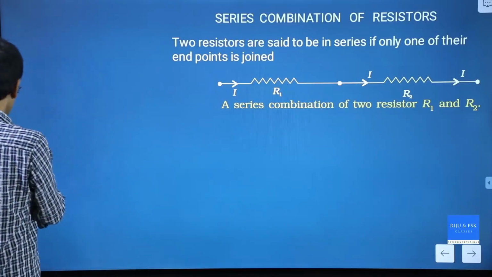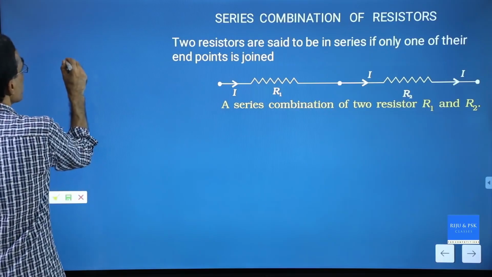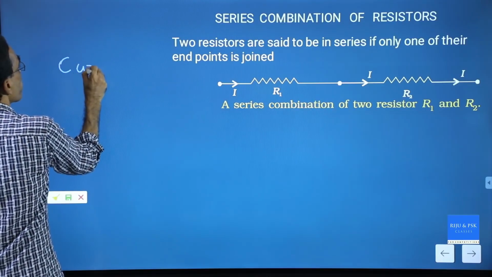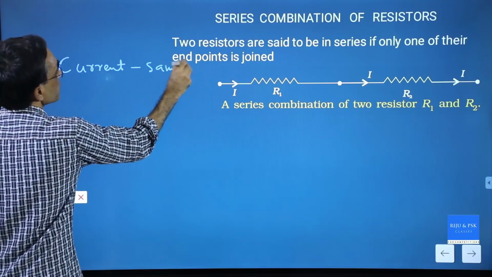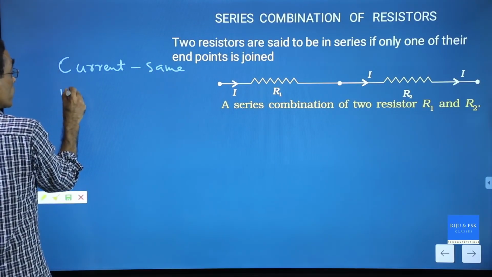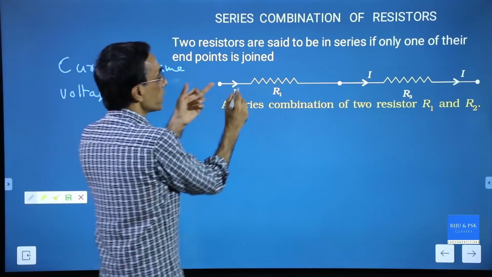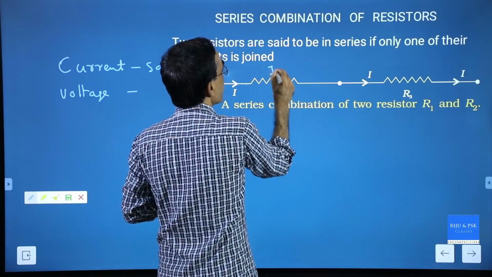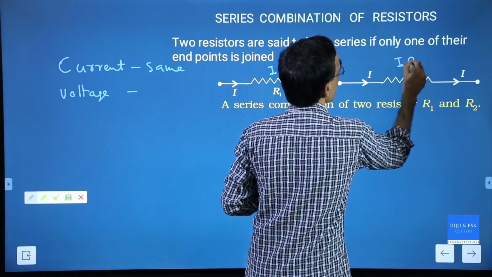Okay. So what happens when current flows through that one? I can say like this. Current will be same in series connection. What about voltage or potential difference? See, the potential difference here is calculated as I into R1. Potential difference here is calculated as I into R2.